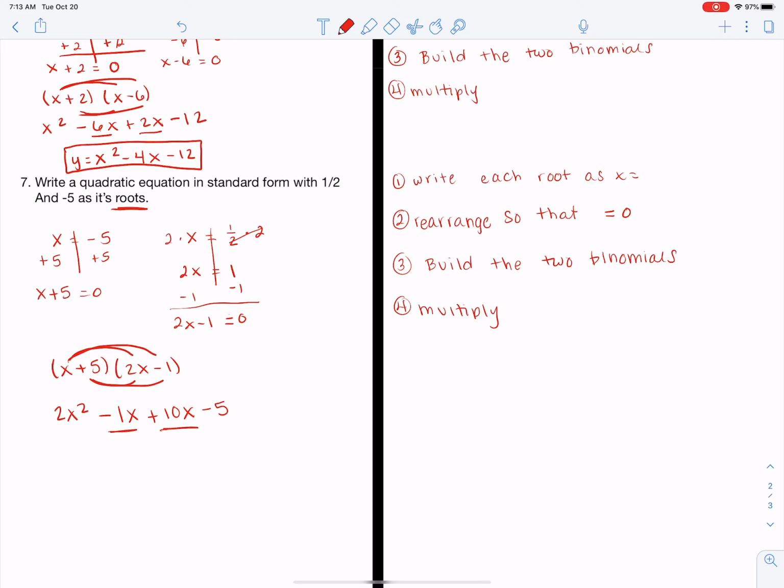Combine your like terms. Negative 1 plus 10 is positive 9. Okay, that's it. So again, if you're still having trouble with the actual factoring piece and remembering how to factor, watch the second video today, okay? Otherwise, start your equation and you're good.